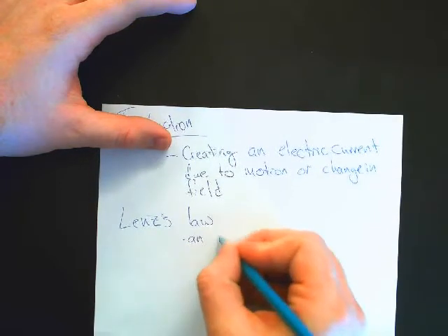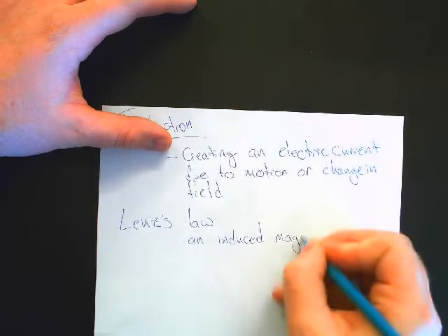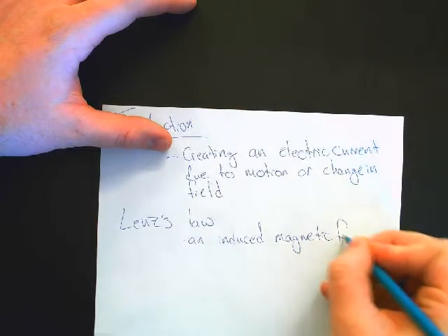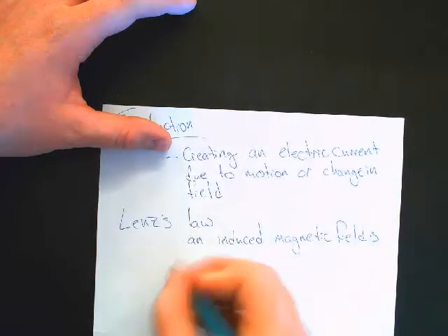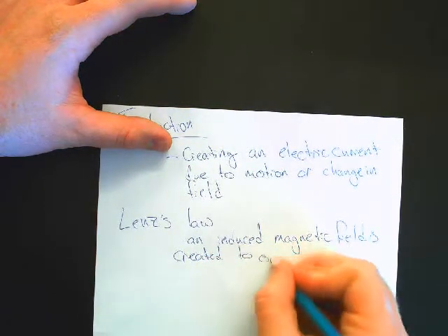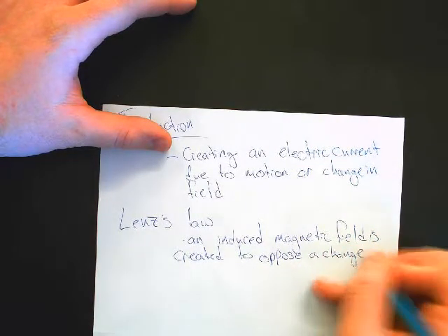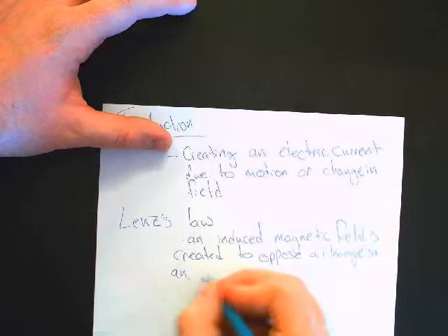An induced magnetic field is created to oppose a change in an existing magnetic field.